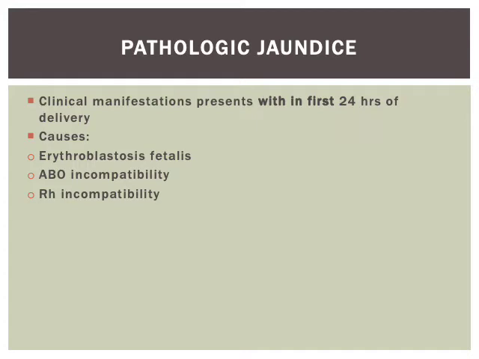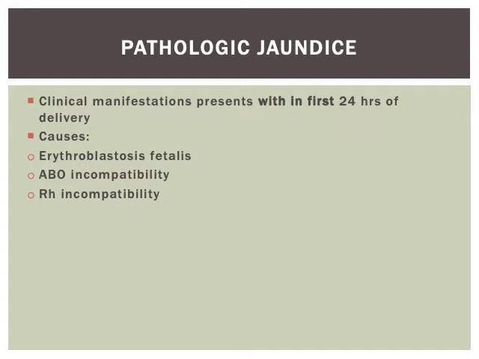Now if something causes an excessive number of red blood cells to break down, such as in the case of ABO or Rh incompatibility, birth trauma, or infection, or anything impairs the baby's ability to pass bilirubin out of the GI tract, such as meconium plug, delayed stooling, or meconium ileus, then the bilirubin level can rise to dangerous levels, requiring treatment to prevent buildup in the brain.